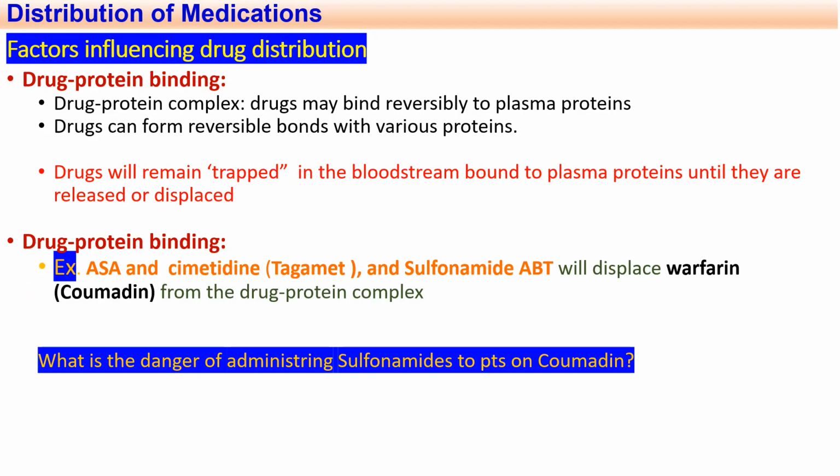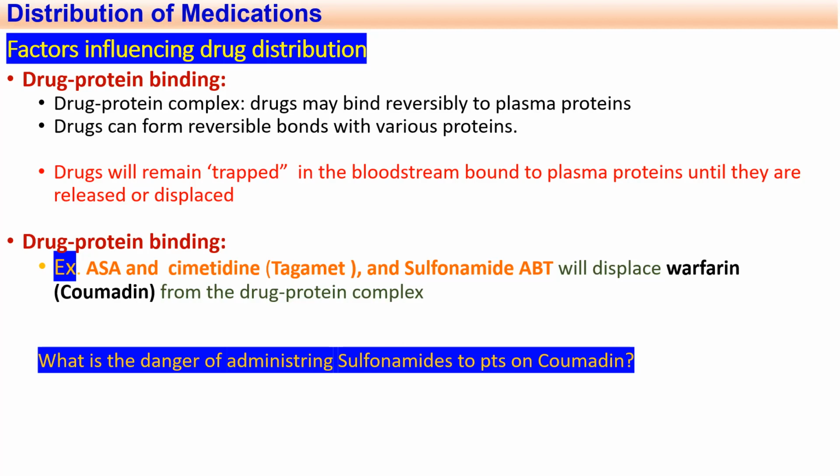Drug protein binding. Drug protein complex: drugs may bind reversibly to plasma proteins, and drugs can form reversible bonds with various proteins. The plasma albumin is the most abundant and important protein for binding with drugs.